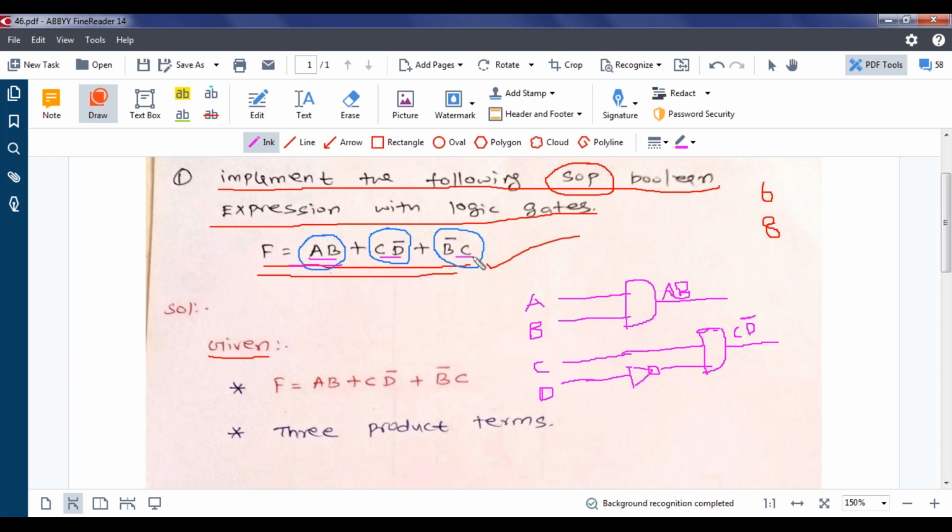Next you are having another term, B bar C. Put a line, and next C. For B bar you want to put a NOT gate. If you give B to a NOT gate, you can convert this B into B bar.